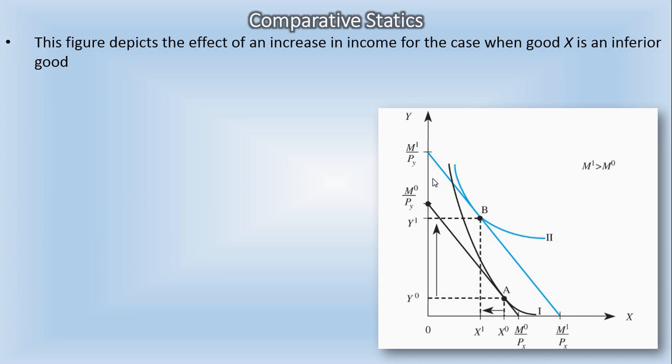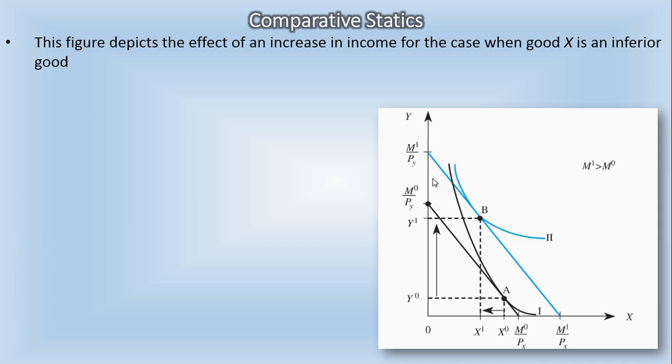This allows me just to highlight how we can demonstrate preferences differently by indifference curves, and if preferences are different, you will get different results. In this case, you will be able to identify one of the goods as being inferior.